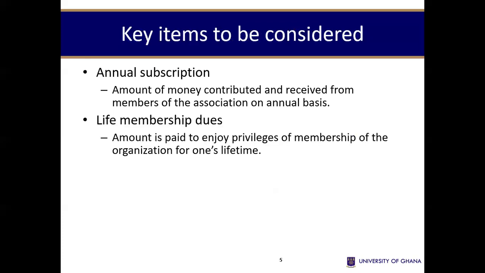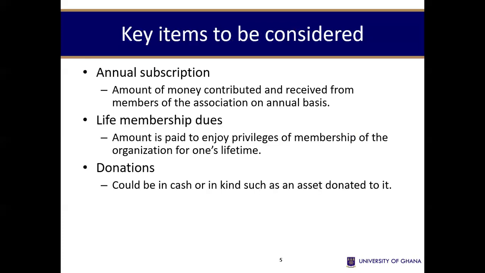So we account for these sources of funds to give us some more details, especially for items like the annual subscription and the life membership dues. So we need to know the amount of funds that members have paid, the amount of funds that they are owing.